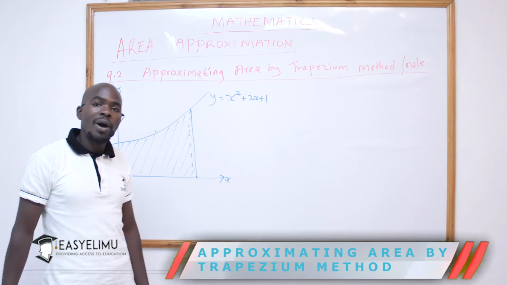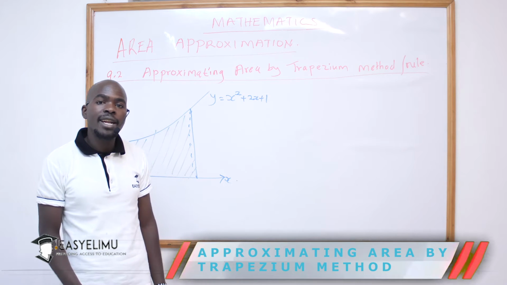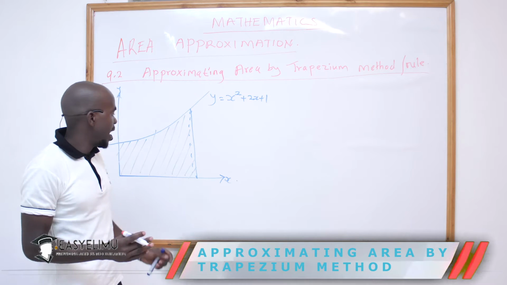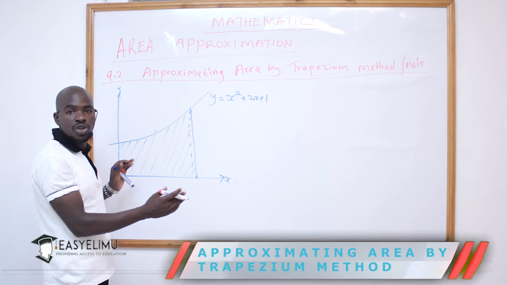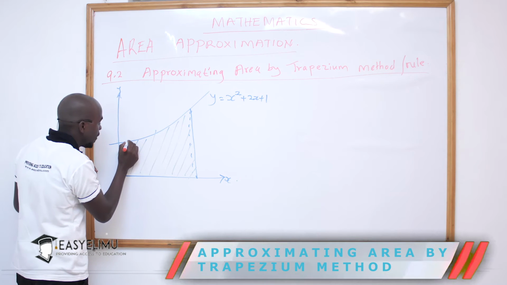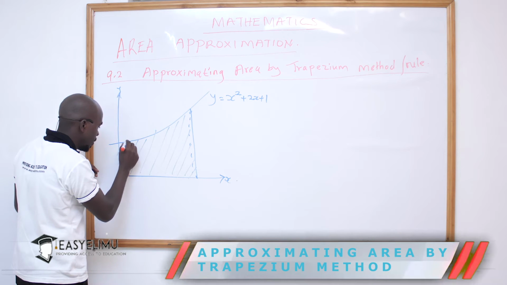So what we normally do is this: we find the number of strips, meaning we divide the area under the curve into strips of trapezium, and we can decide to divide it first at that point.